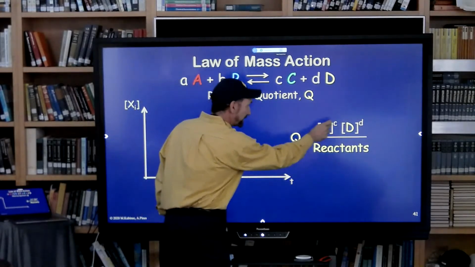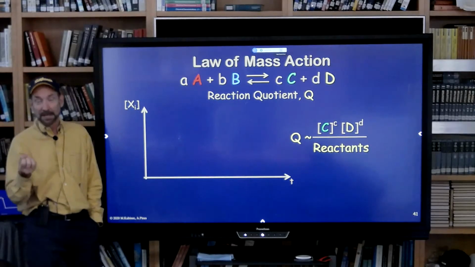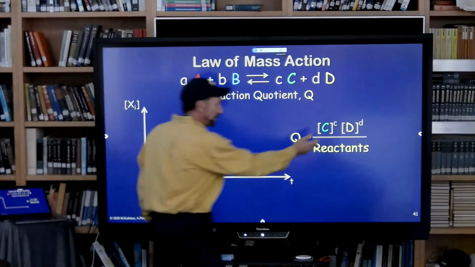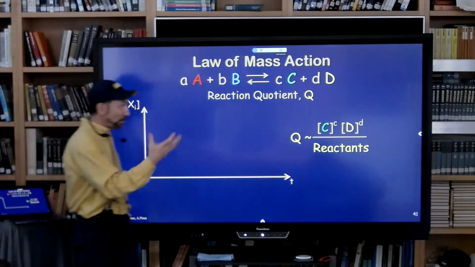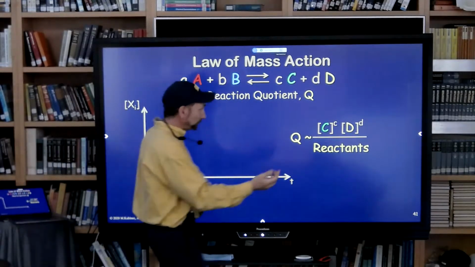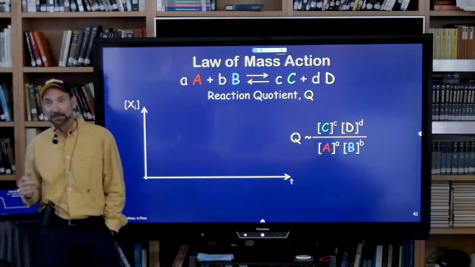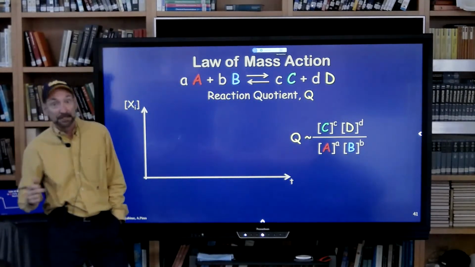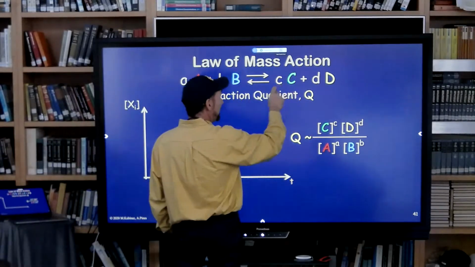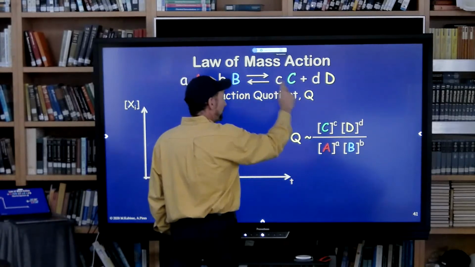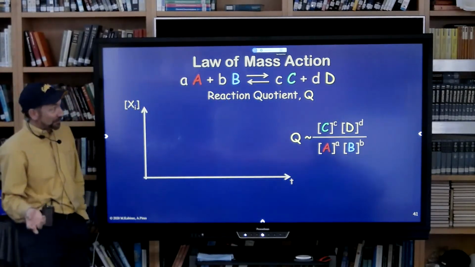These brackets mean the concentration in moles per liter of the compound C, the concentration in moles per liter of the compound D. And then in this quotient, we do this special thing where we raise those concentrations to the power of the stoichiometric coefficient. So it's the concentration of C to the stoichiometric coefficient of C power.